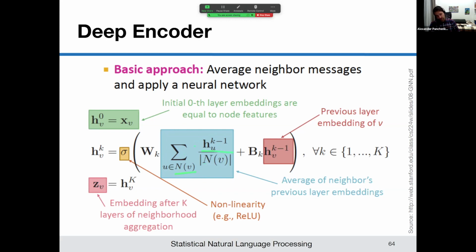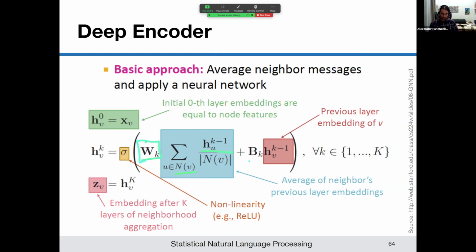What happens is that you average these messages and multiply them by another matrix, which says how much you should take from these neighbors, what kind of messages.